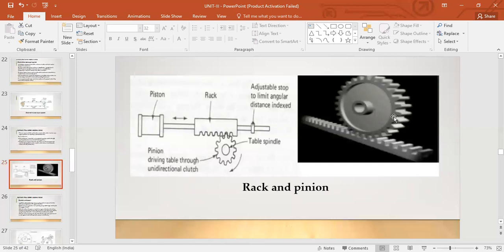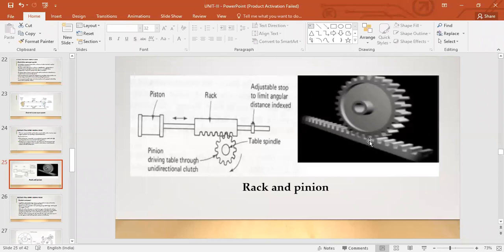So you have a rack here with the geared profile, and the same addendum, basically, just to be able to match it. You have this gear with the teeth and diameter ratio equal to this, so that you can have a matching of it. As this rotates, this rack moves linearly.